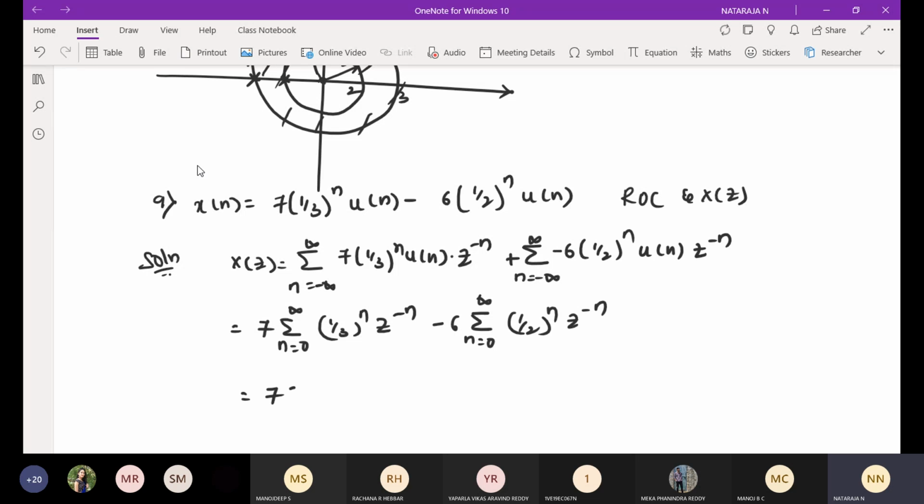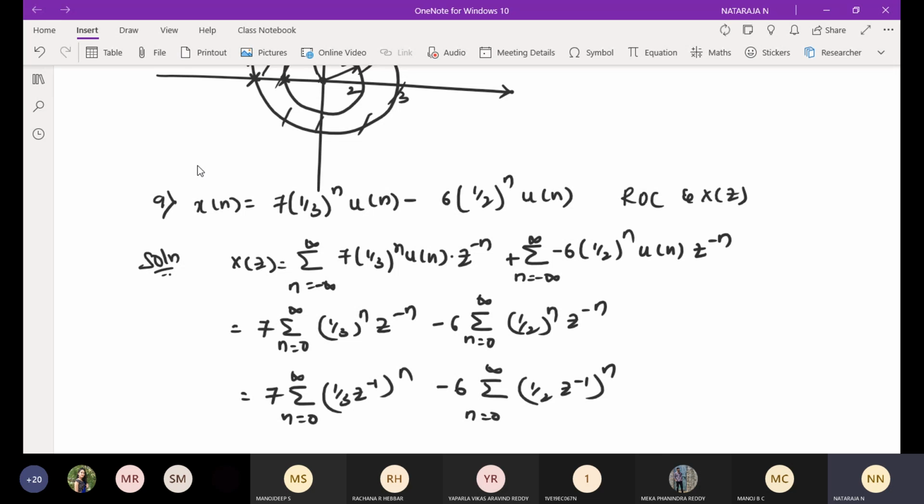In the next step we get 7 summation n equal to 0 to infinity ((1/3) z inverse) whole to the power of n, minus 6 summation n equal to 0 to infinity ((1/2) z inverse) whole to the power of n. Why? Because we are making power n terms, and because my limits are 0 to infinity.